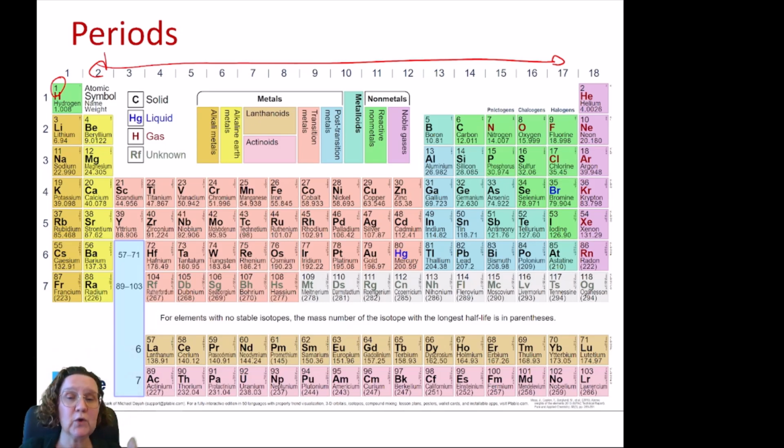So in period 1, the highest energy level occupied will be 1, and in period 7, the highest energy level occupied will be 7. It tells you that the electrons that are going to be reacting will be on energy level 7 or 6 or 5 or whichever period you are looking at.